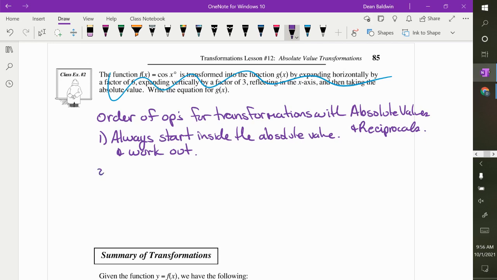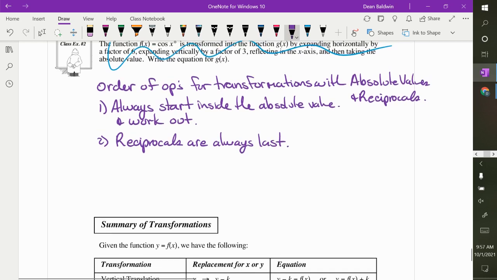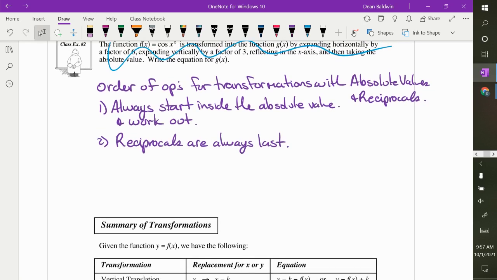Reciprocals are always last. That's the difference. If you have an absolute value, you start inside and you follow the rules and work your way out. If you have a reciprocal, reciprocals are always done last.